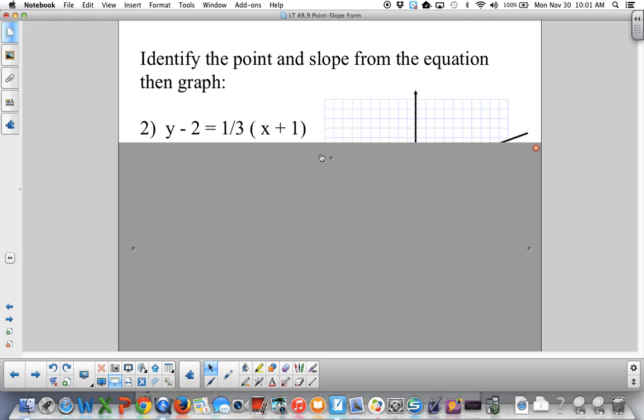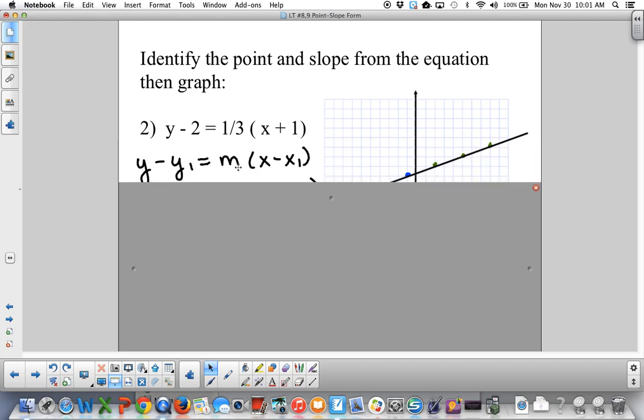Okay, now that you've tried this, again, what I like to do is write the equation right underneath. Y minus y1 equals m times x minus x1. Because this negative right here is also in the equation, I don't have to change the value of 2. My y1 is 2. I have a negative in my equation, but I have a positive here.